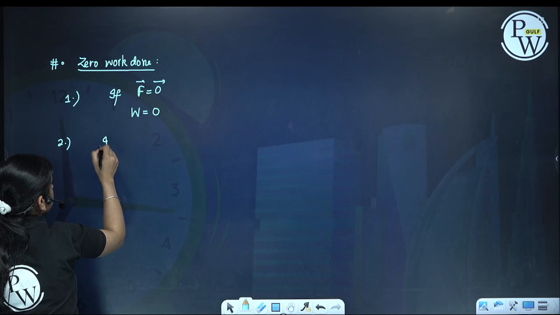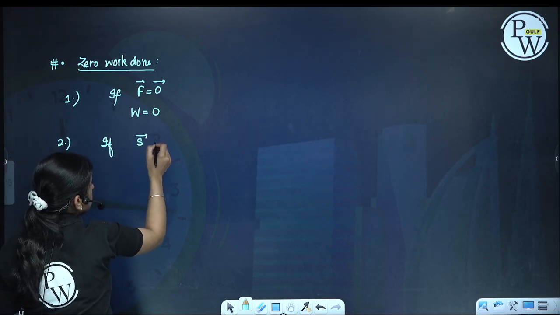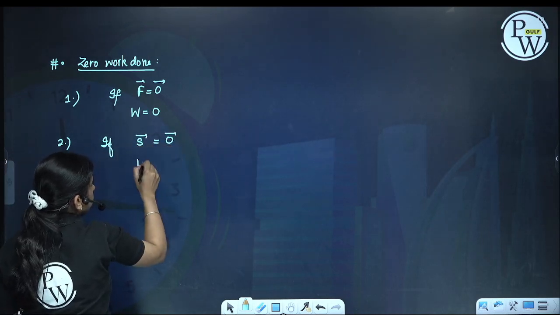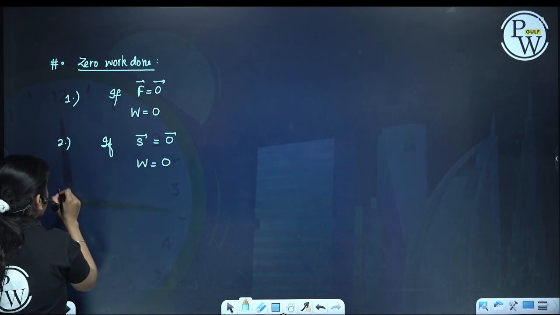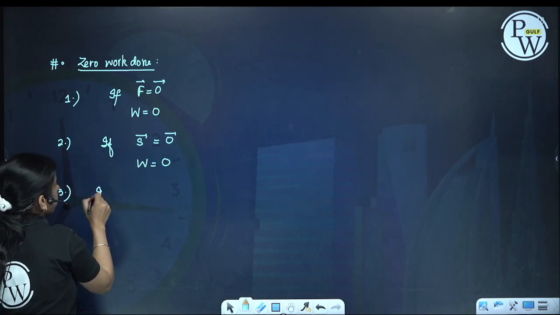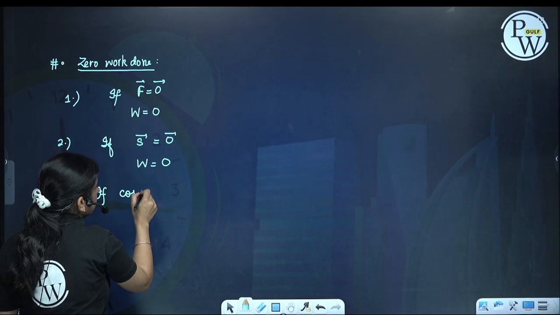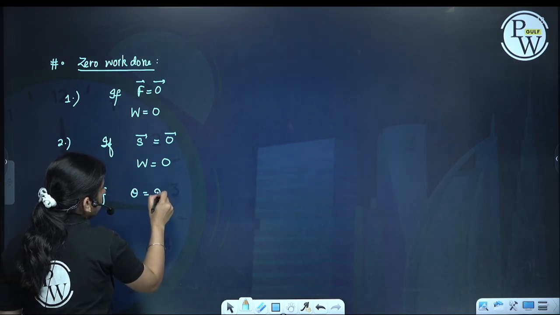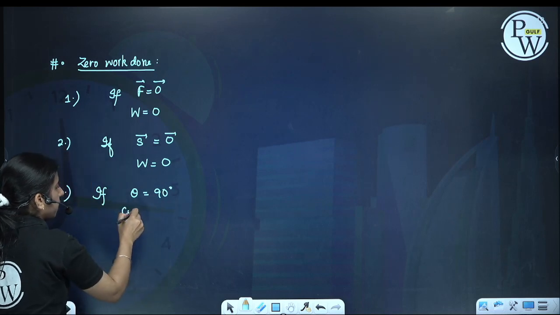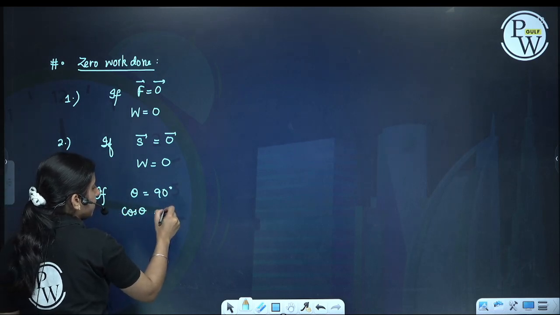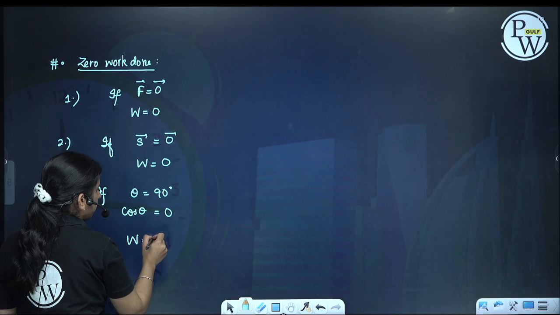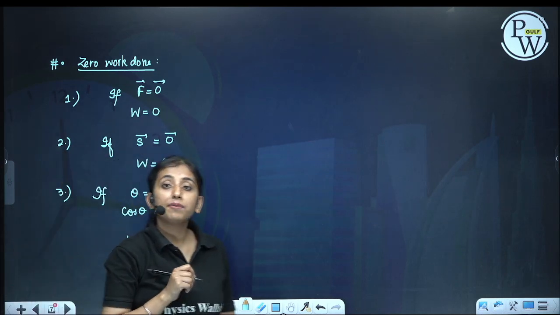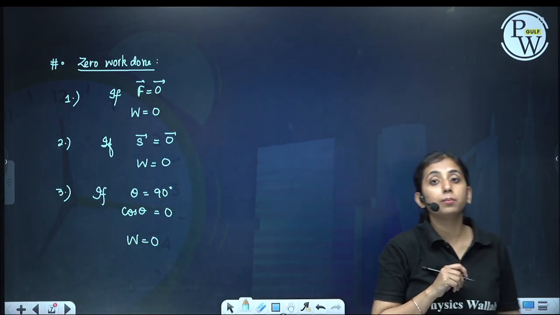Second case, if S is equal to 0, then also work done will be 0. And third case, if theta is equal to 90 degree, cos theta will be 0, then also work done will be 0. So we have 3 cases in which work done will be 0.